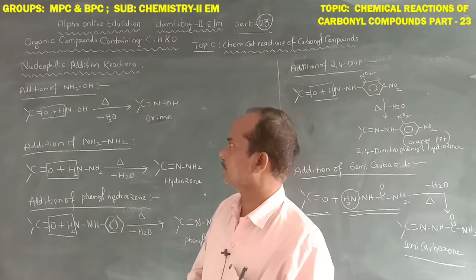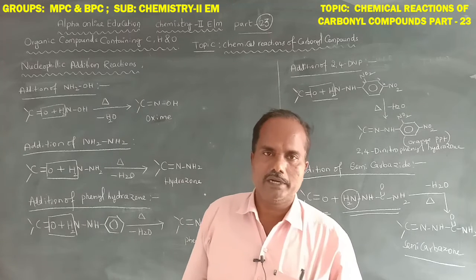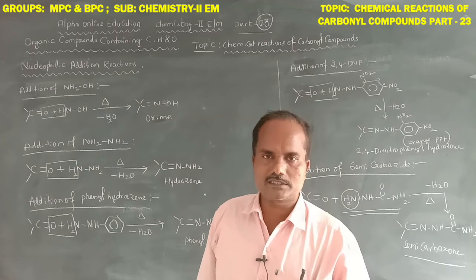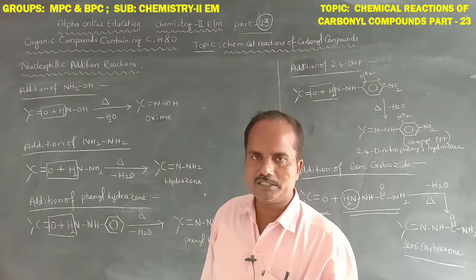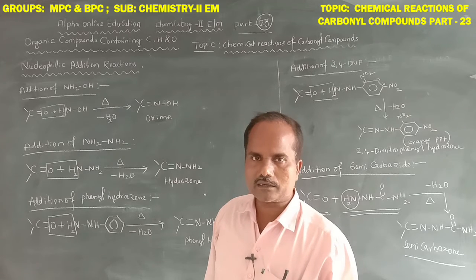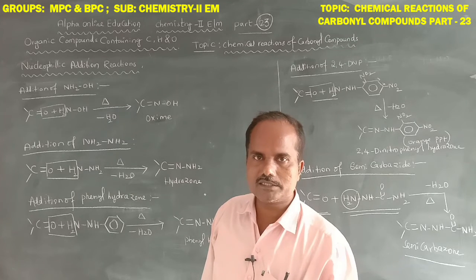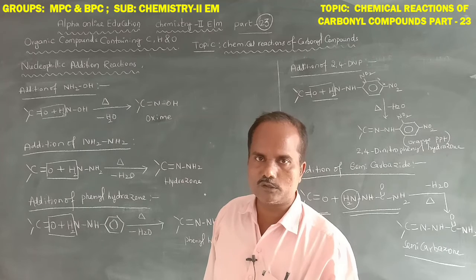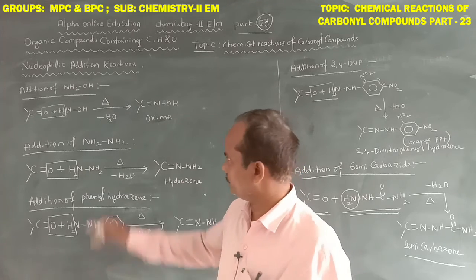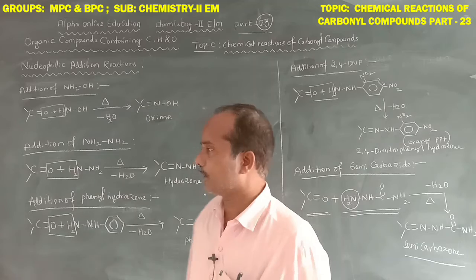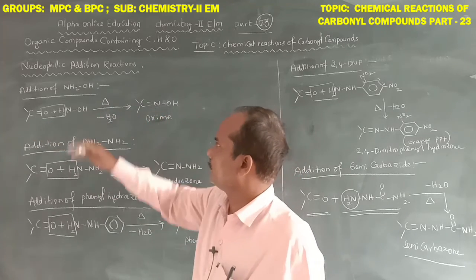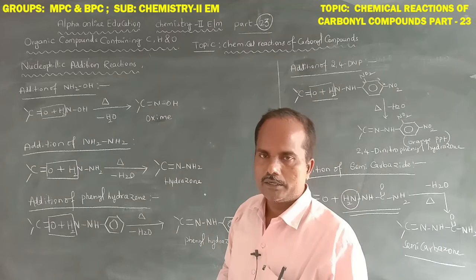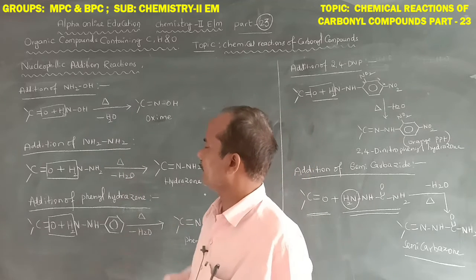Because of the highly electronegative atom, the carbonyl carbon has electron scarcity, electrophilicity is generated. That's why species with more electron density act as nucleophiles and can attack the carbonyl carbon. As a result, nucleophilic addition reactions take place at the carbonyl carbon.